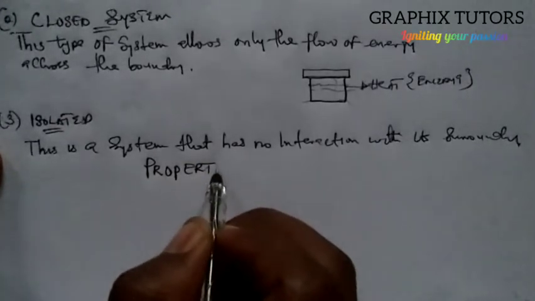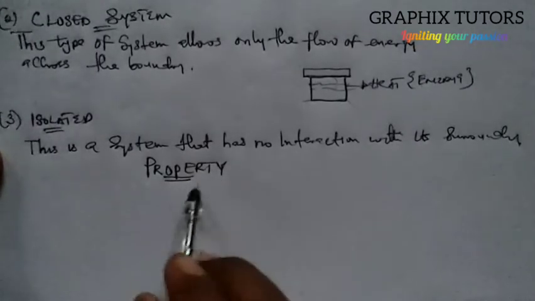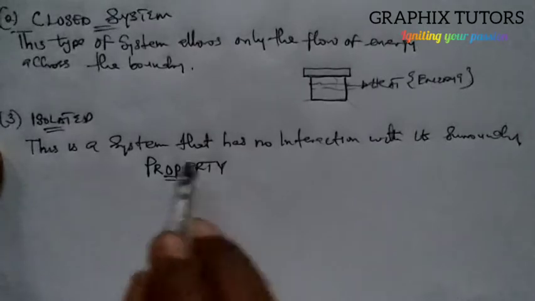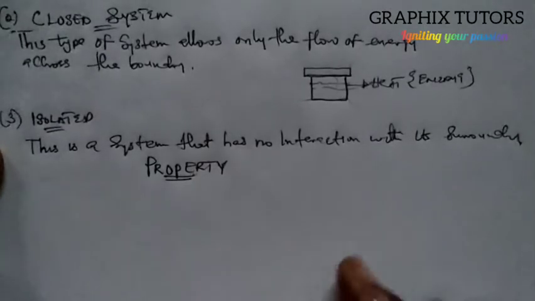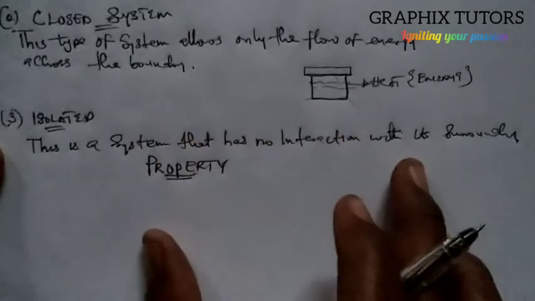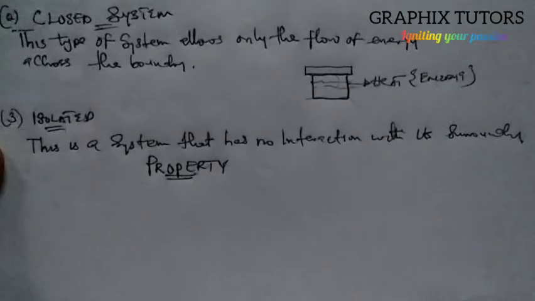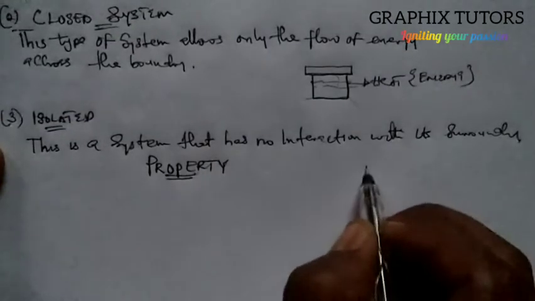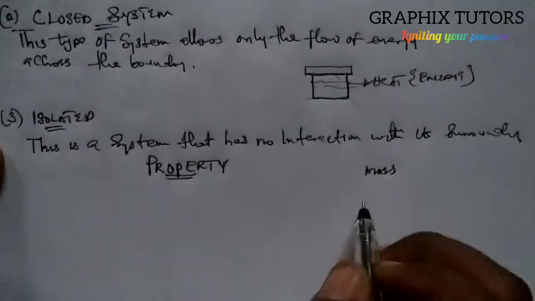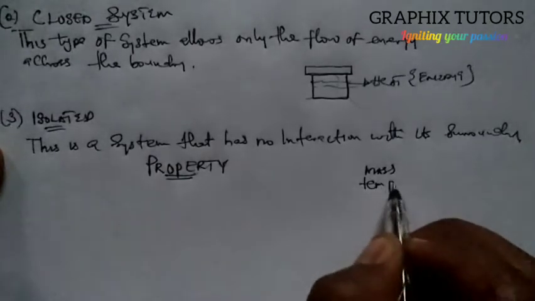Thermodynamic property, right? We say that the property of a system is the observable characteristics of that system. What are the properties that we will be coming across? Properties like the mass is a property of the system. The temperature is a property of the system.